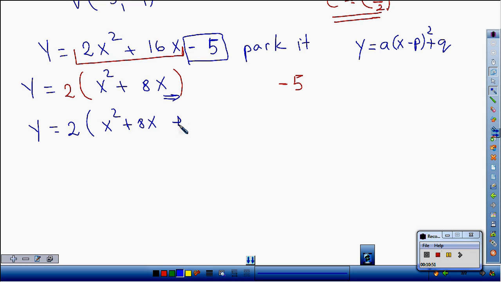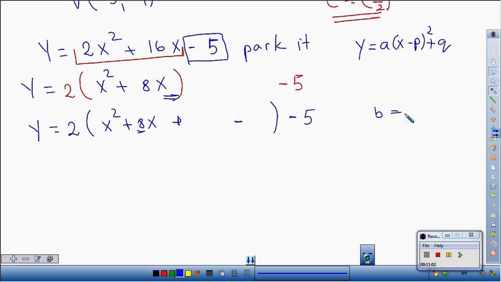Well, the b inside the bracket is 8. So b equals 8, so b over 2 is 4. 4 squared is 16. So I'm going to add a 16 and subtract a 16.